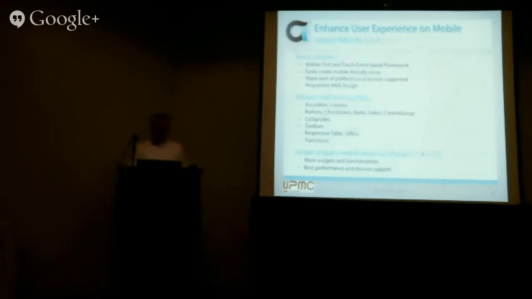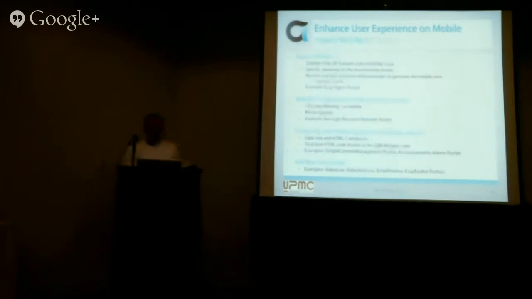So we use lots of widgets: accordion, list view, control group, collapsible, toolbar, responsive table, table reflow, transition. And with the update of the jQuery Mobile library, we have more widgets and functionality, and we will have better performance and device support.